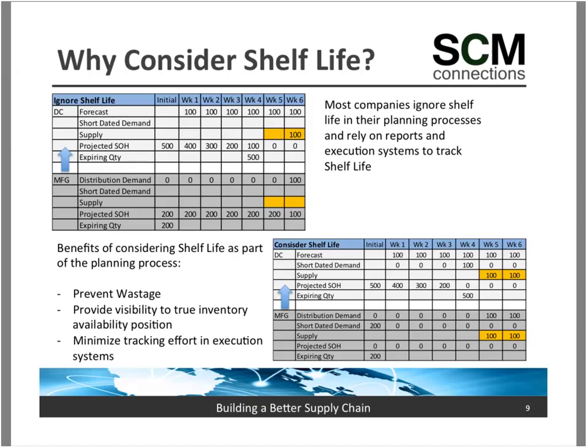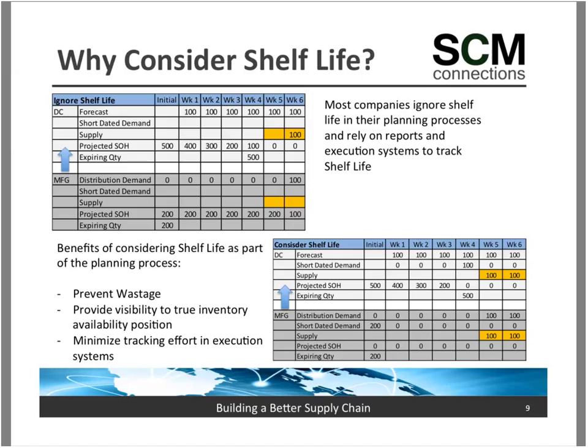A simple distribution network has a manufacturing plant and a distribution center, and you've got a distribution demand over here that's coming off of any supply being generated. So the supply over here results in distribution demand at the manufacturing plant, and then you've got a projected stock on hand over here, and you potentially could have some inventory over here as well, which is expiring, right?